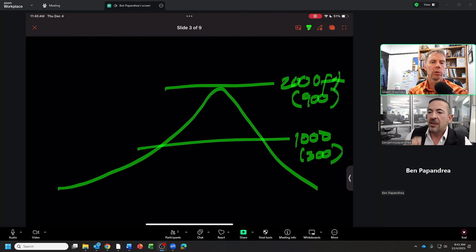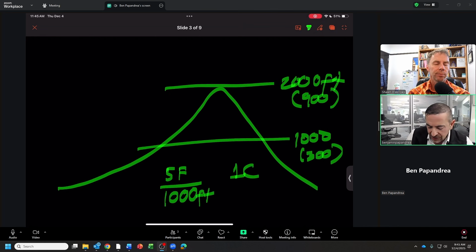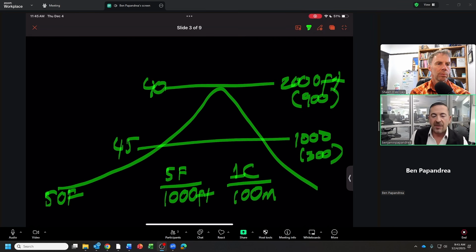As you ascend higher into the atmosphere, whether you're going up a mountain or in a hot air balloon, there's a rate at which the cooling takes place with elevation. About 5 Fahrenheit for every 1,000 feet, or about 1 degree Celsius for every 100 meters. So if you're down here and it's 50 degrees, you're going to be 45 here and 40 there.